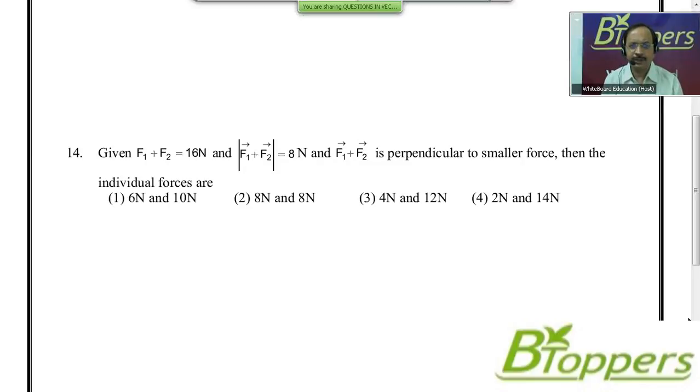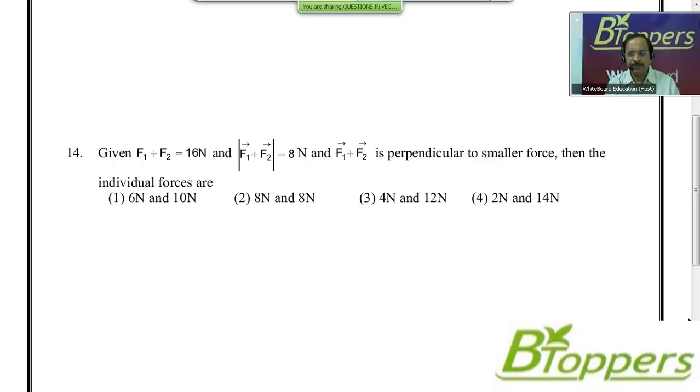Of course, if we just write F1 without the bar symbol, it represents magnitude of F1 bar. If you just write F2 without the bar symbol, it represents the magnitude of F2 bar. Sum of the magnitudes of the two forces is 60 newtons here. And the modulus or magnitude of the resultant of the two forces is 8 newtons.